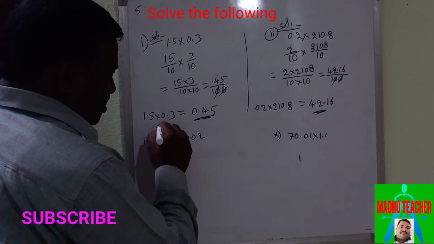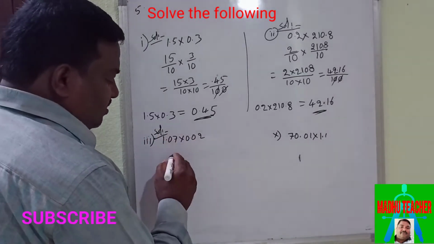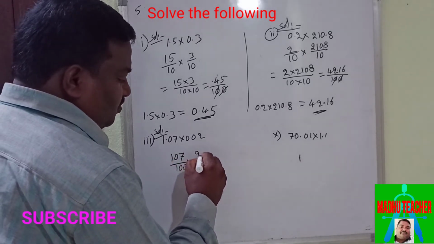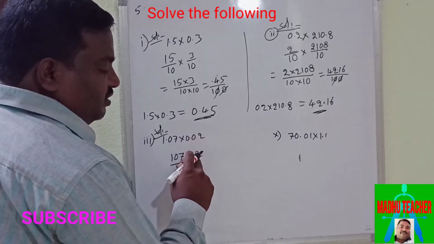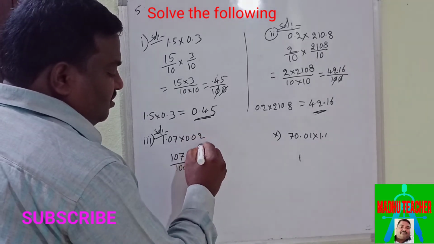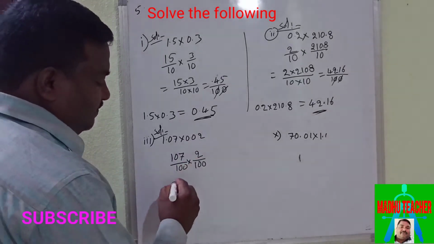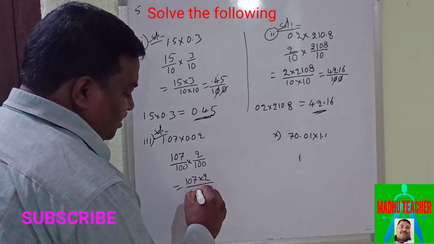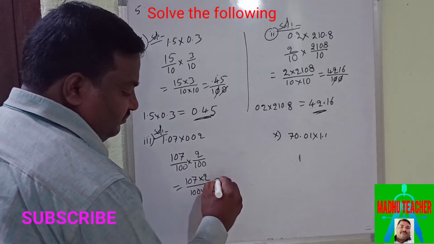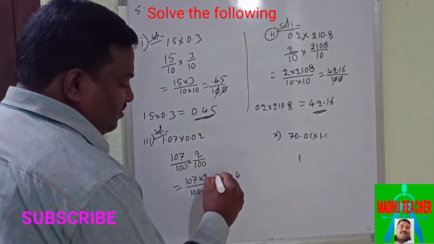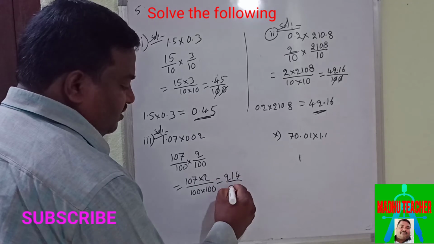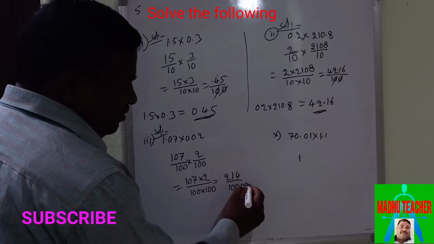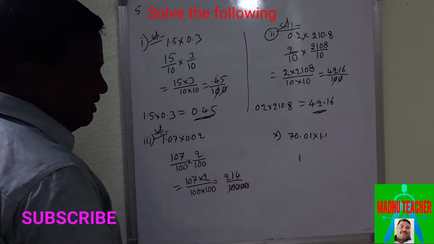Next question, 1.07. After decimal point we have 2 digits, that's why we have to write by 100 into 2 by 002. So we can write only 2 by, after decimal point 2 digits, write 2 zeros. So that is numerator into numerator by denominator into denominator, that equal to 7 2s are 14, 1, 2 ones are 2 by 100 into 100, 10,000. 4 zeros cancel.